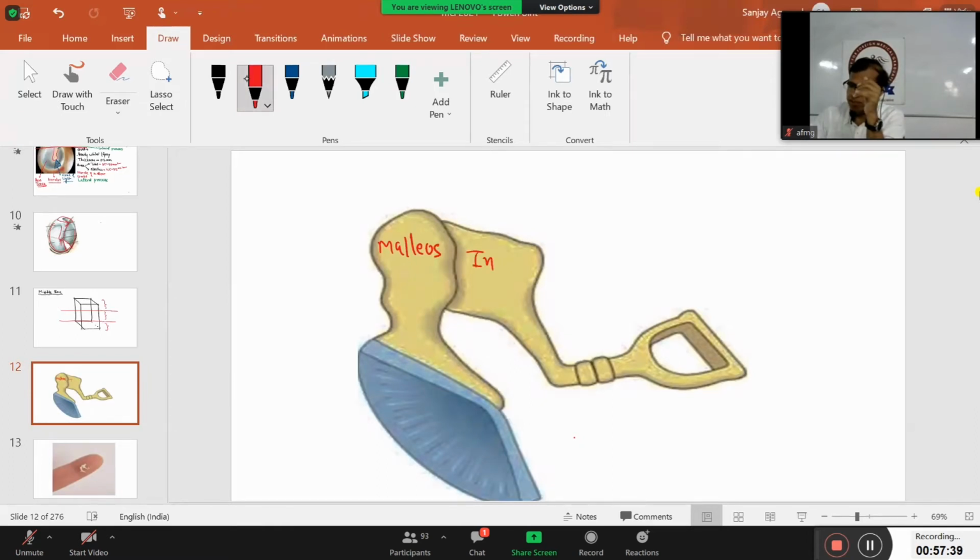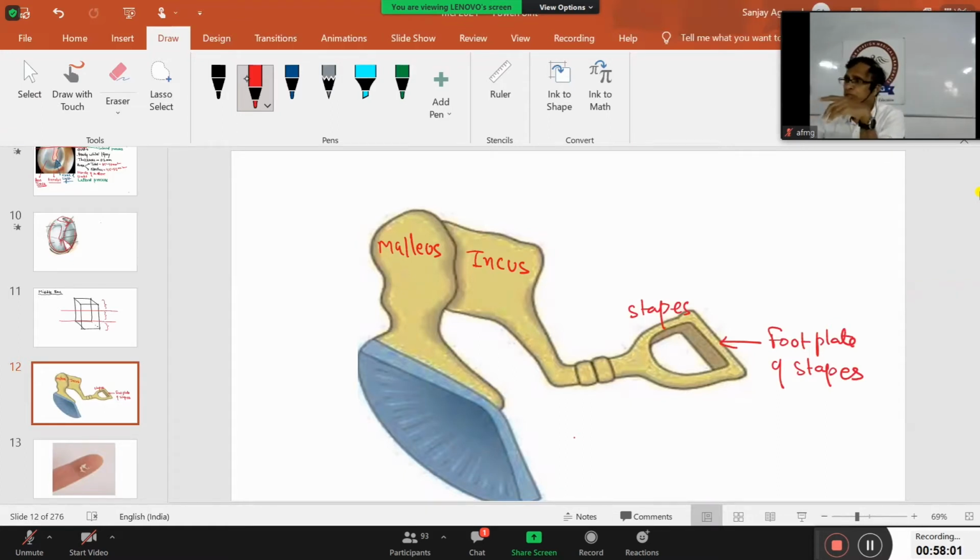This is incus, the second ossicle, and this is stapes, the 3rd ossicle. And this point is called the foot plate of stapes. This is a part of the stapes. Foot plate of the stapes is a part of stapes.